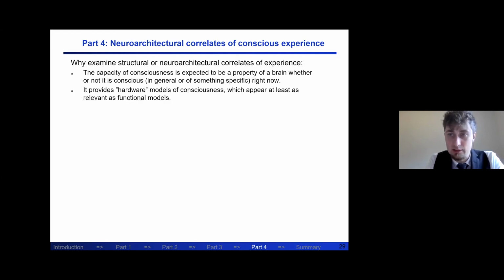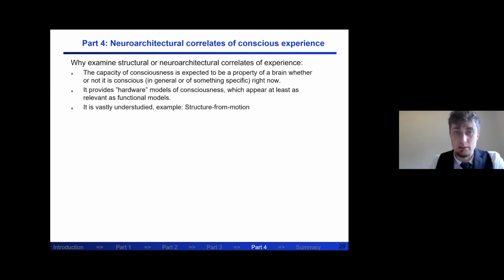The other is that without examining the hardware of the brain, we can only really build these functional models of consciousness. And when we want to generalize, for example, to other species, perhaps having that hardware understanding of consciousness and not exclusively this functional understanding will also make it easier for us to draw conclusions.